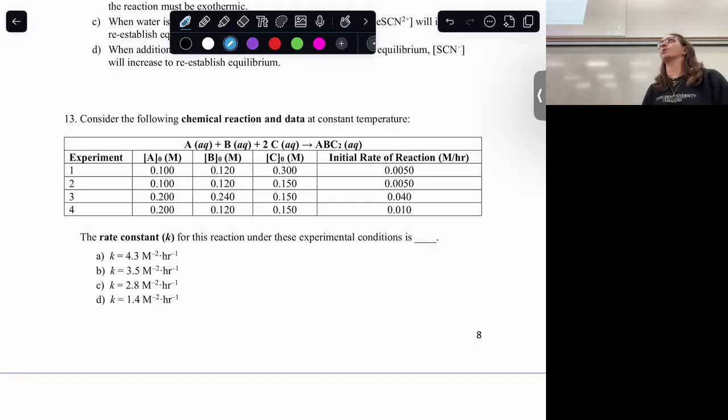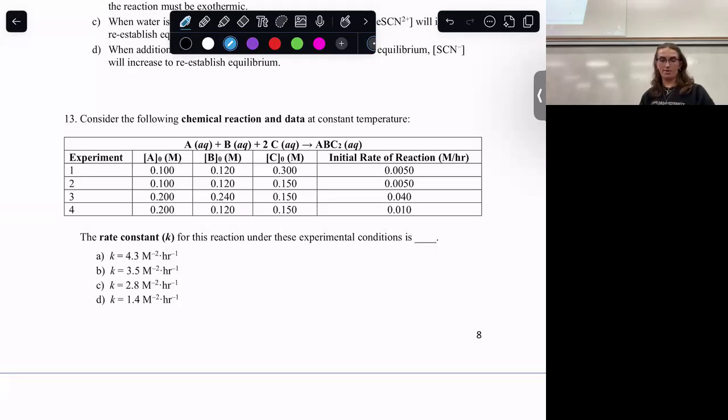We're using this to find our order, right? We're looking at how concentration changes and what that does to rate. So we're looking for cases where only one reactant is changing and the other reactants are staying the same.